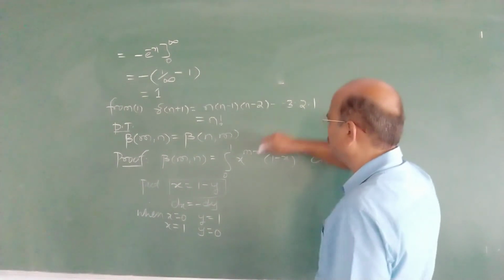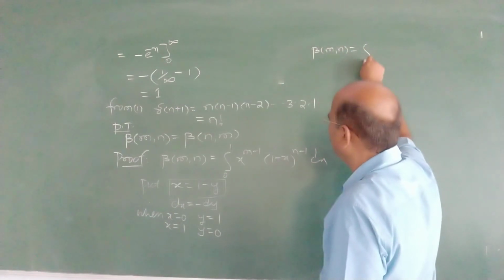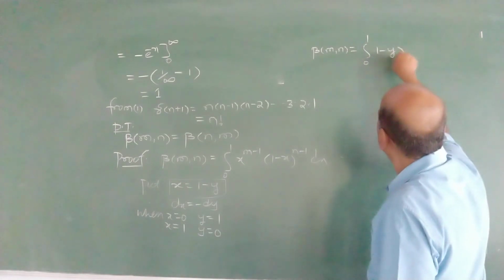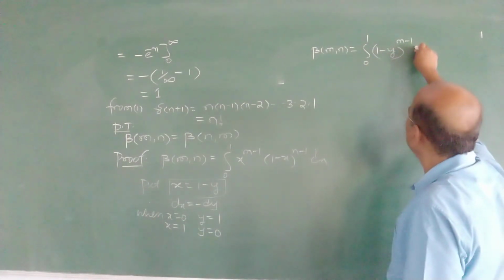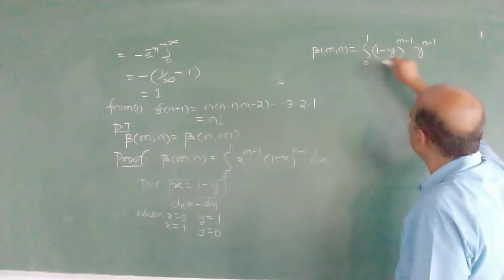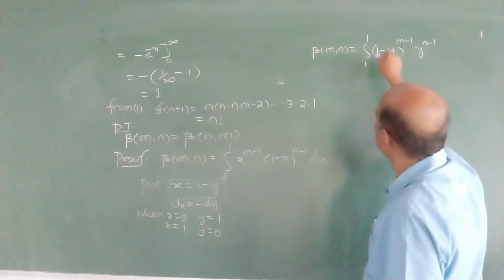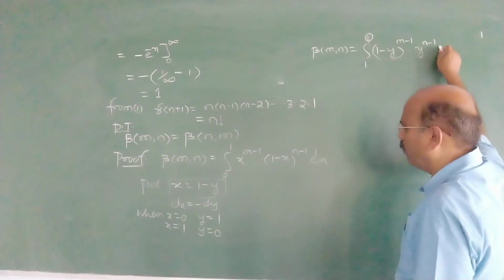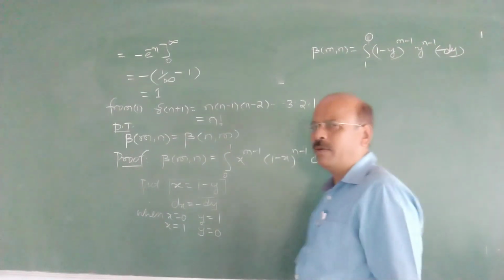Now substituting we get beta mn is the integral from 0 to 1. What is x? 1 minus y raised to m minus 1. What is 1 minus x? Y raised to n minus 1. Limits change here: the limits are 1 and 0, with minus dy. Am I correct here?